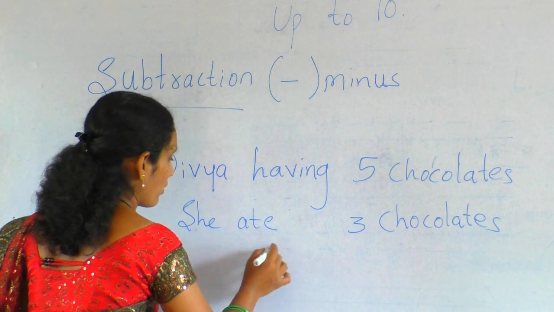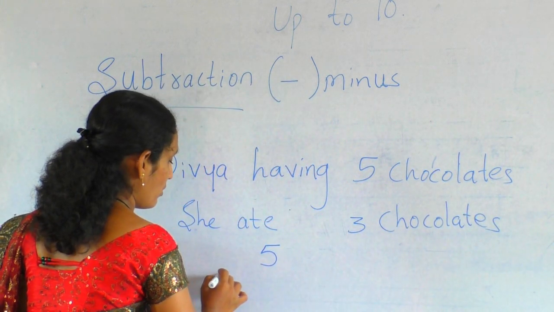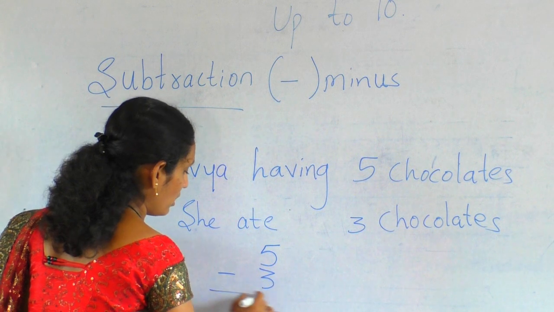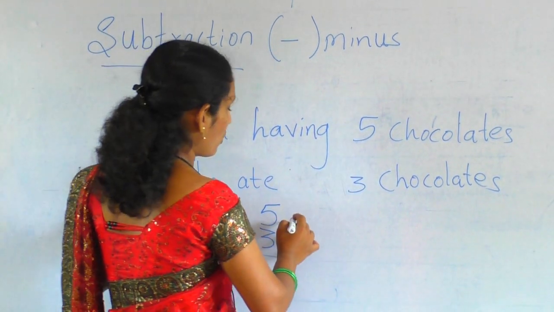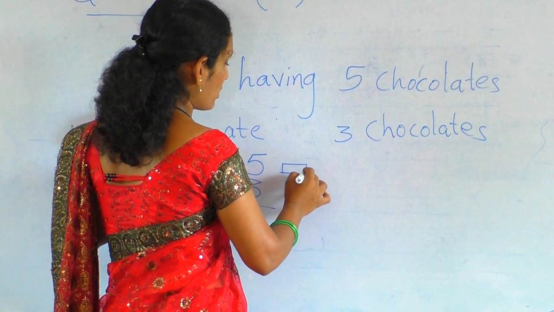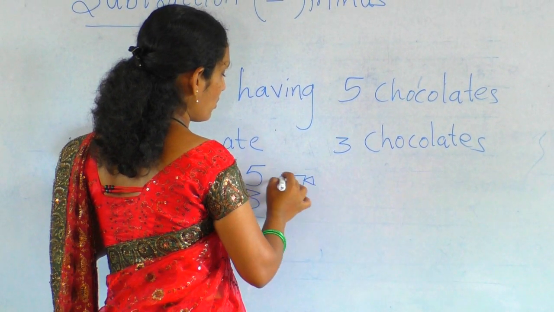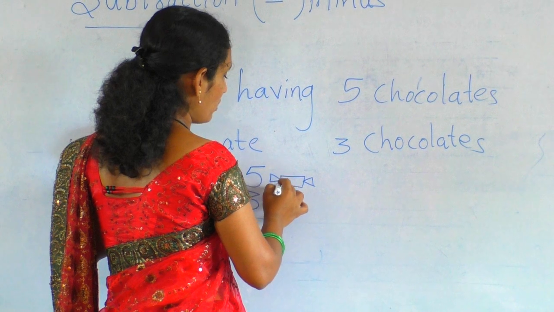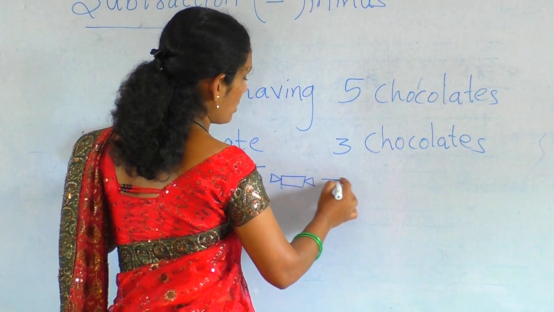See, 5 minus 3. How many is she having? 5 chocolates, right?